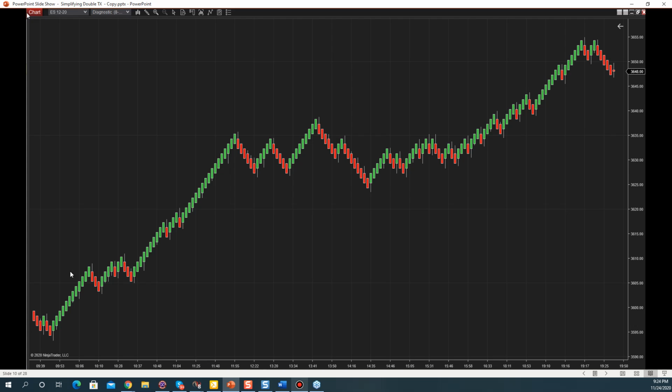It comes up, pulls back, comes up, pulls back, and so on. That's normally how an uptrend would work. Very simple, right?